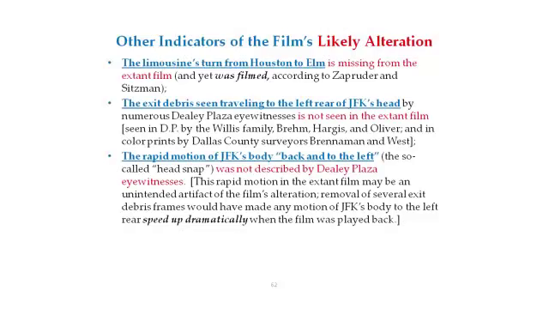Now, the rapid motion of JFK's body back and to the left in the Zapruder film, the so-called head snap, interestingly enough, was not described by Dealey Plaza eyewitnesses. A lot of people have never thought about this.